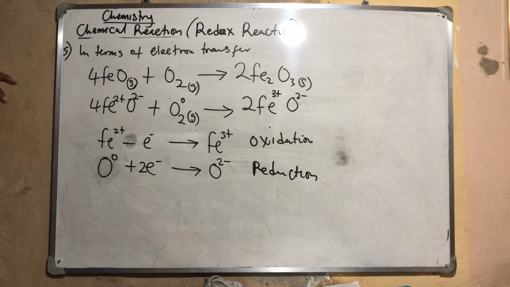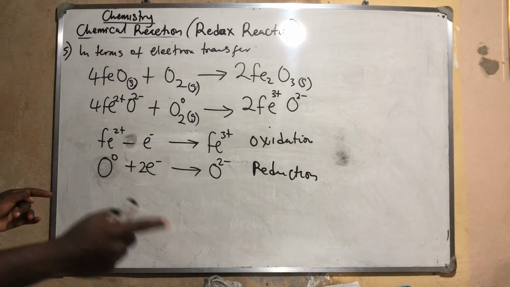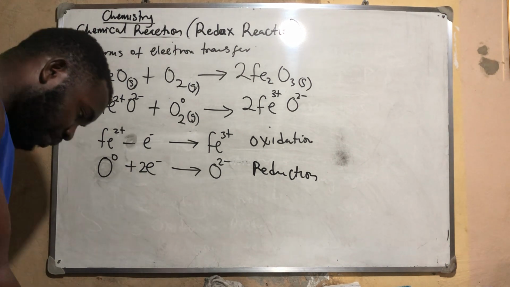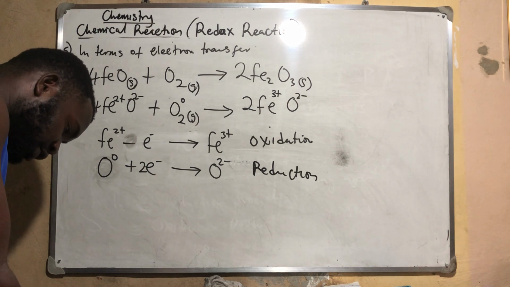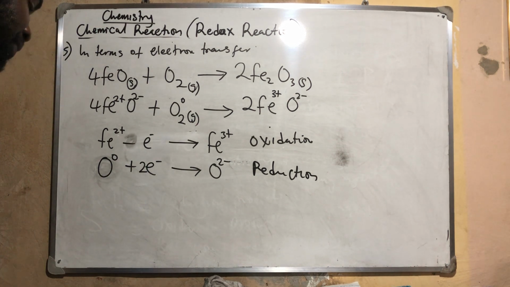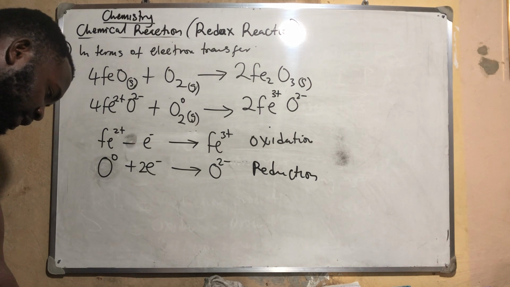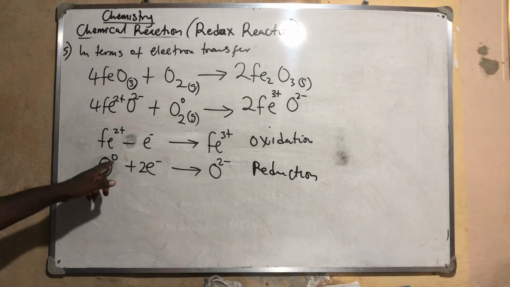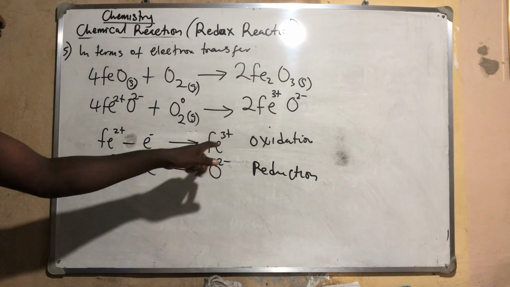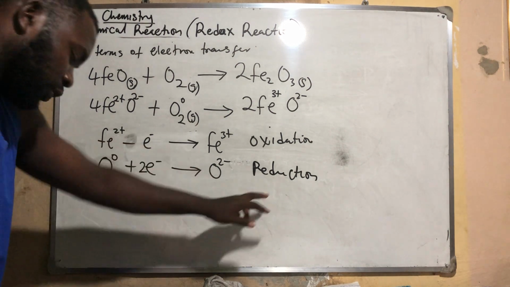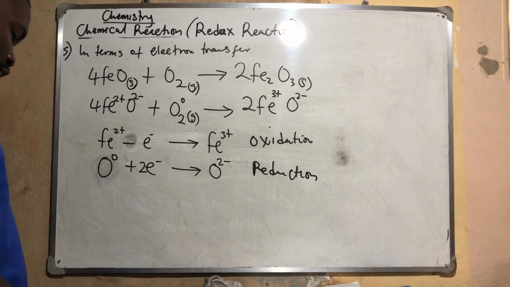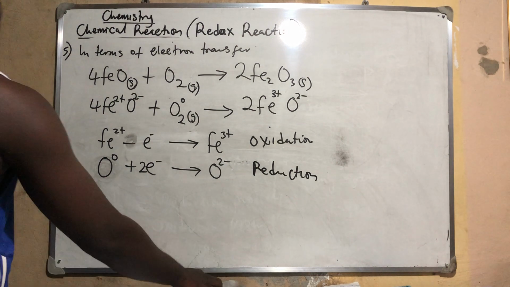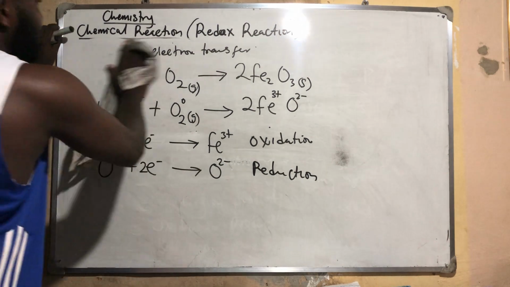So please, increase in oxidation number is equally known as oxidation, while decrease in oxidation number is known as reduction. They said the oxidation number of O2 decreases from 0 to -2. So decrease in oxidation number is called reduction. Therefore, oxidation can equally be defined as increase in oxidation number of a substance, while reduction is, like I said, decrease in oxidation number.